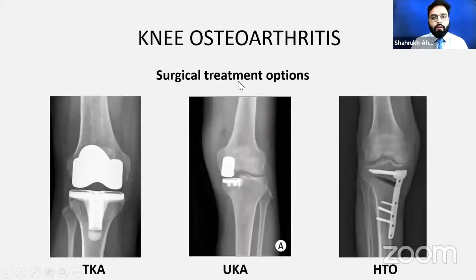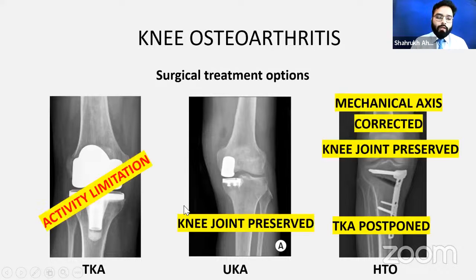We have 3 surgical options available for this condition: TKR, unicondylar arthroplasty, and osteotomy. But in total knee replacement, there is activity limitation, while the knee joint is preserved in both the unicondylar and osteotomy, and the mechanical axis is corrected in both of these.